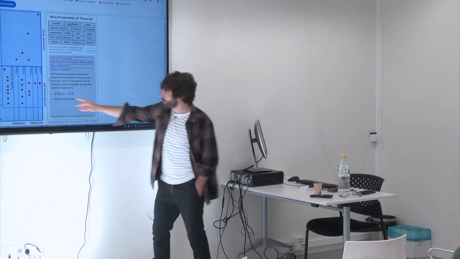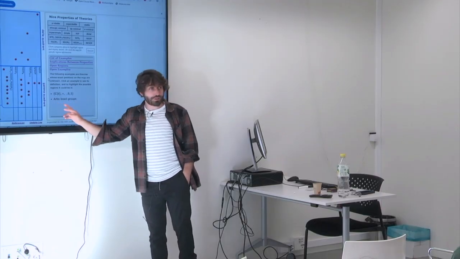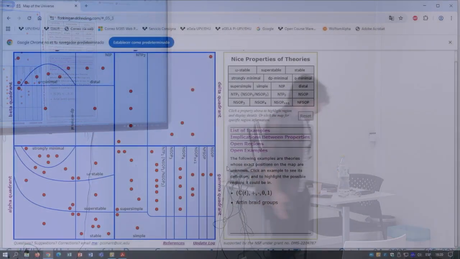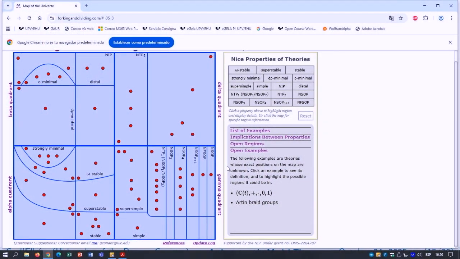This is the second sort of example. Those are objects which are known to be a bit complex for mathematicians. And it would be very nice to be able to know where they fit.